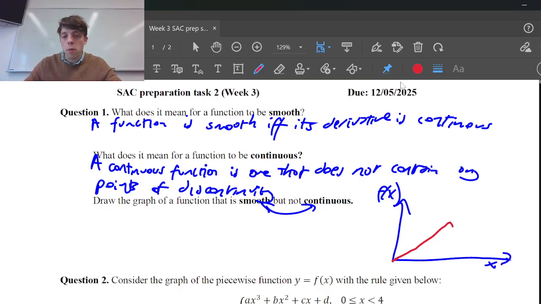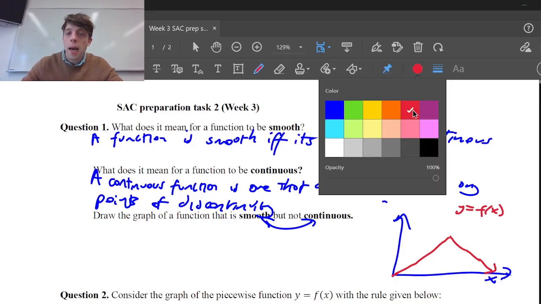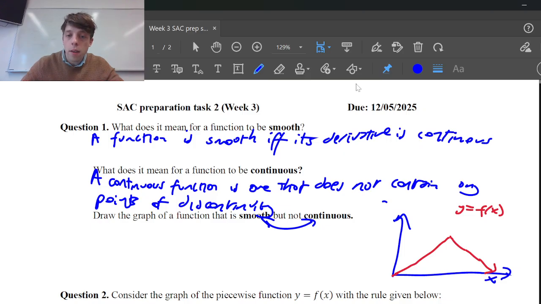An even simpler example would just be a linear equation that looks like that, and then a linear equation that looks like this, so one with a positive gradient and then one with a negative gradient going down like that. So that would be y equals f of x. When y is equal to f of x, we get that particular function there.